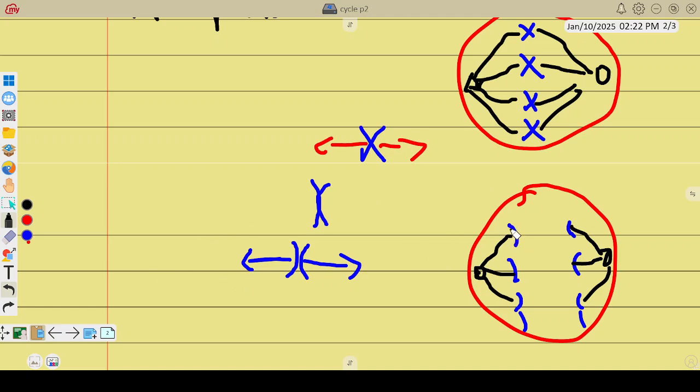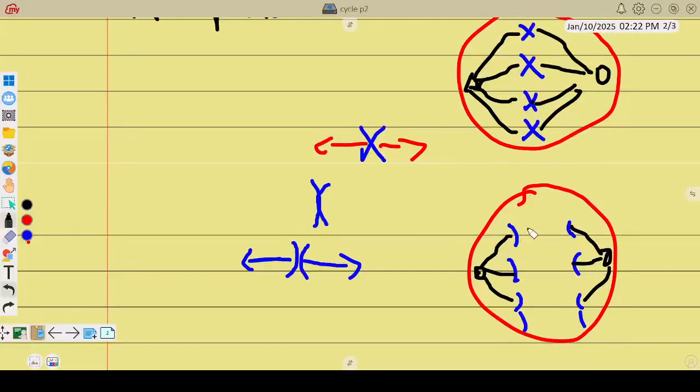Now these sister chromatids, just for demonstration, we had this. One side has been pulled and has gone to the other side. Even this has been pulled. So that's anaphase. What makes them be pulled is that the cohesion proteins which were holding them together break down.